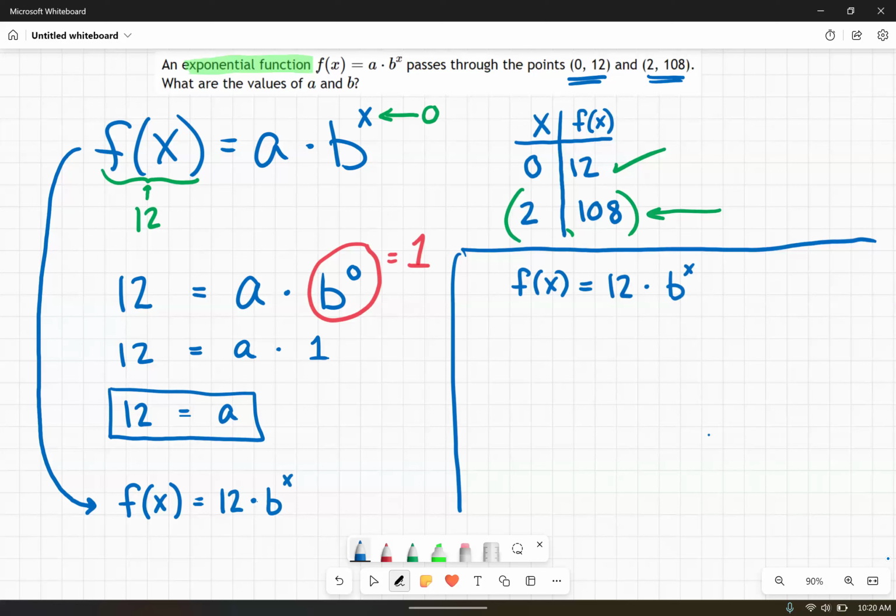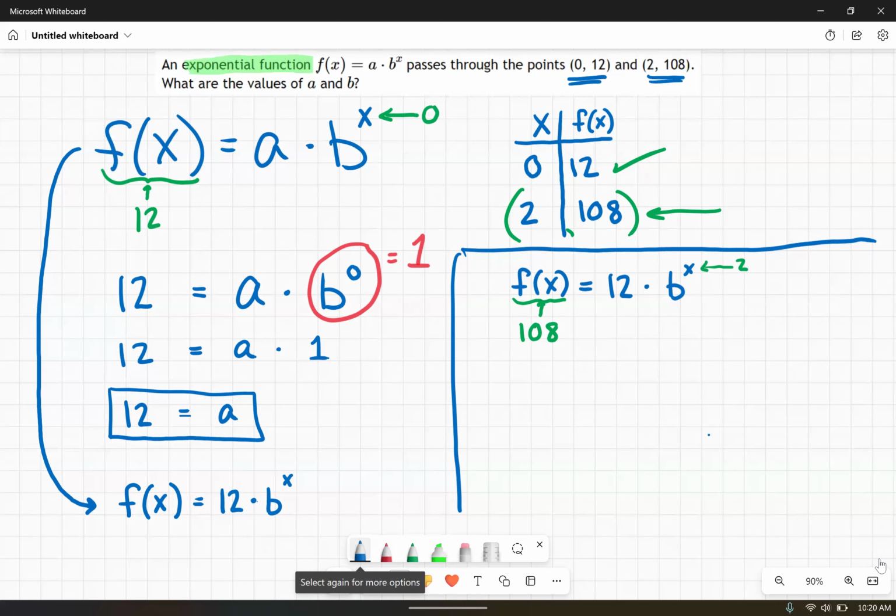Well, now in this case, the 108 is going in here for f of x, and the 2 is going in here for x. So we'll have 108 is equal to 12 times b to the second power.